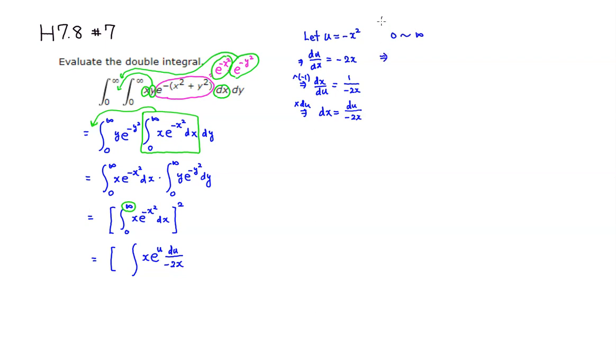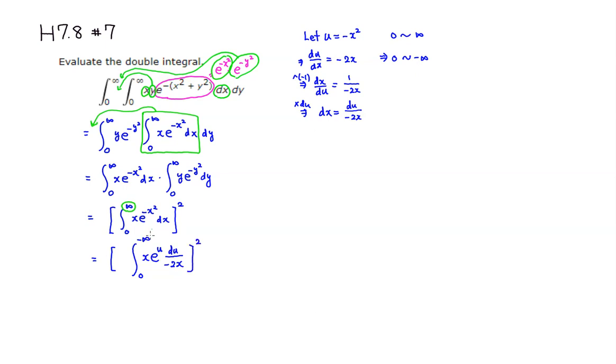If x is 0, u is also 0. But if x is infinity, negative infinity squared would be negative infinity, right? So it's going from 0 to negative infinity, and then you just have to square that at the end, right?